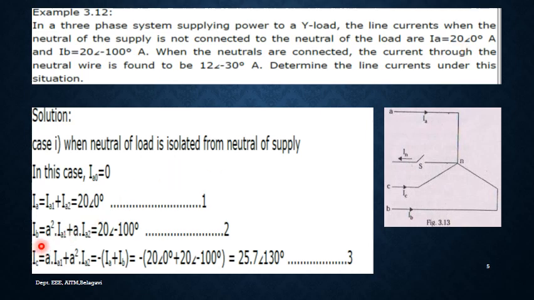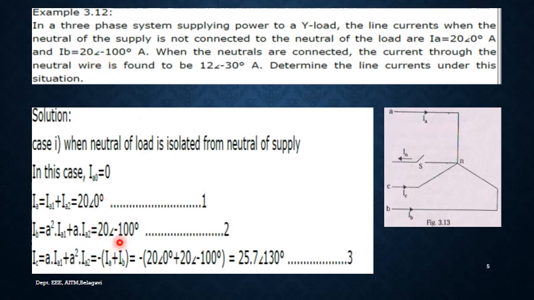Similarly, for Ib, this is the equation we are going to get, plus Ia naught, which will be there in the original form of the equation. Ia naught will be equal to 0. From the given statement, Ib when the neutral is not connected is equal to 20 at an angle minus 100 degree ampere.